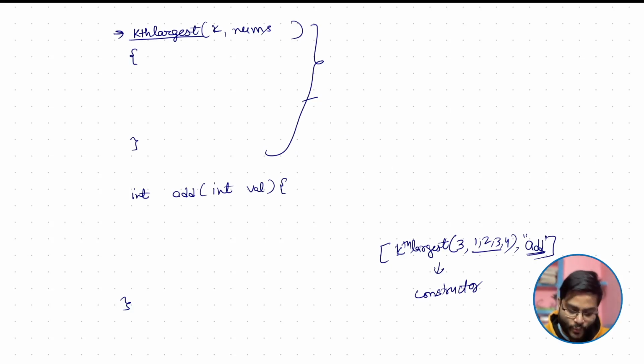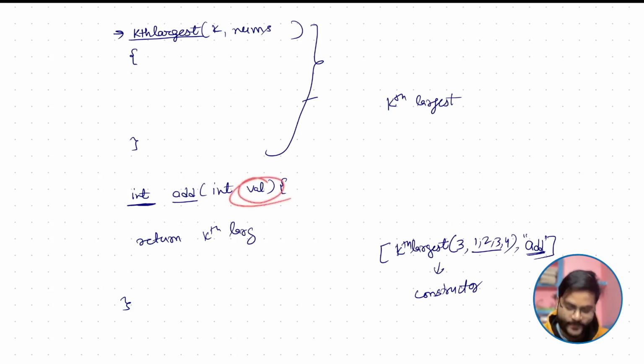Now what we need to do is use this k, nums and value to find the kth largest in our stream. This add function's return type is int, so it will return the kth largest after inserting the value. So let's take an example.